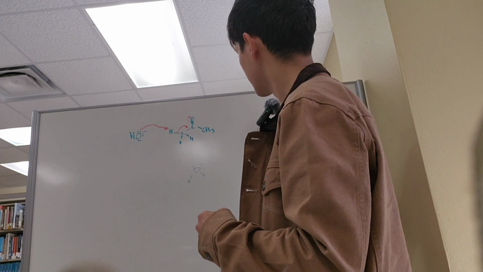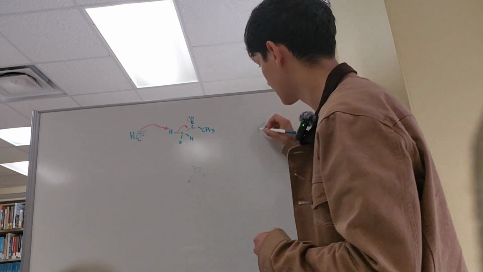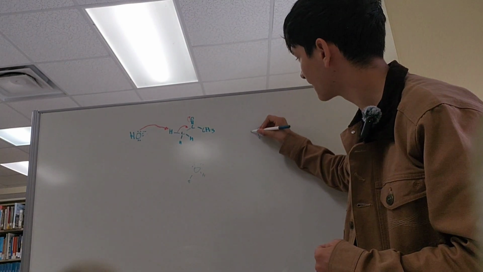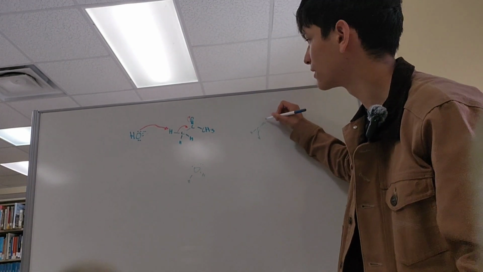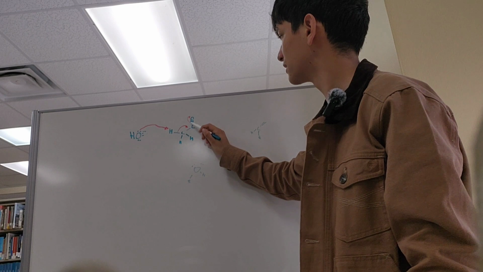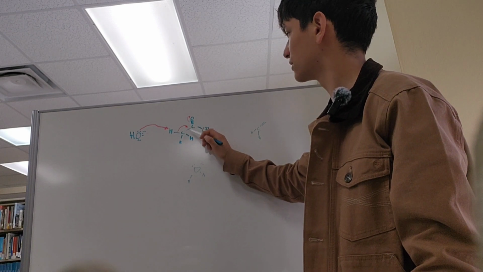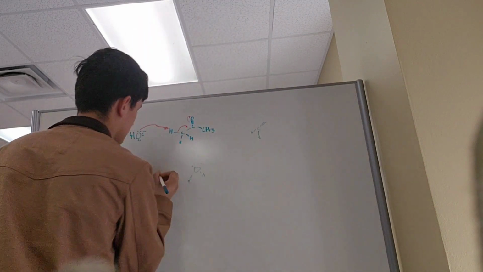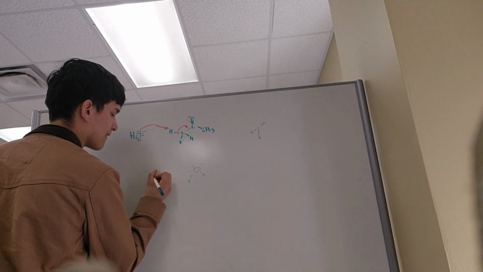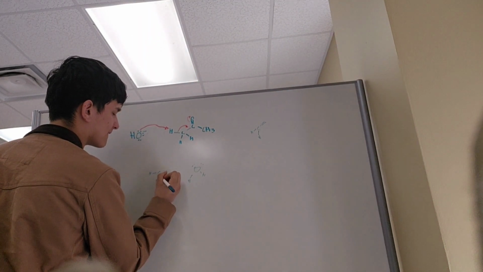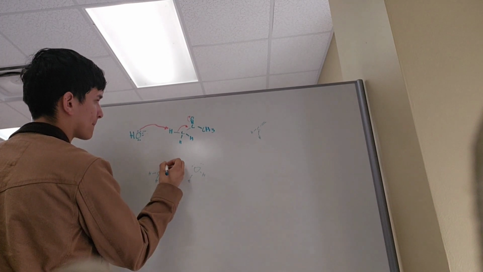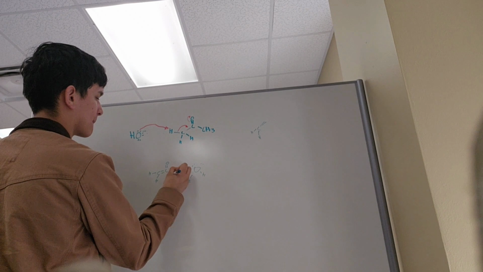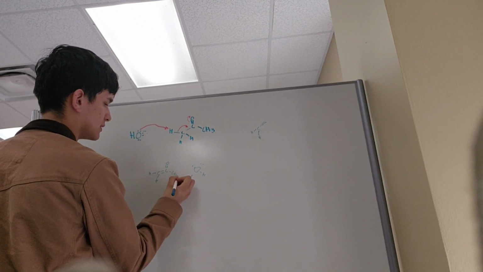So it's telling us that this carbon is making a double bond, right? And after that, what's this telling us? This carbon now has five bonds.